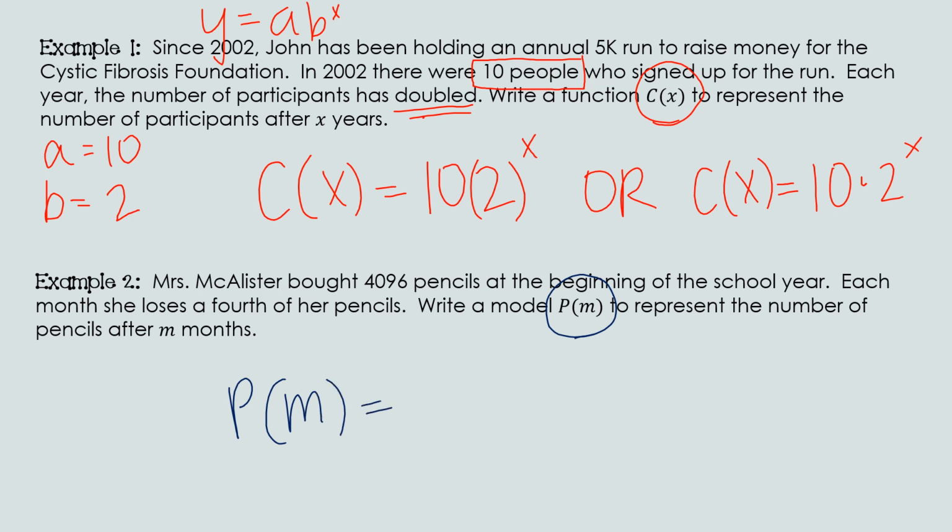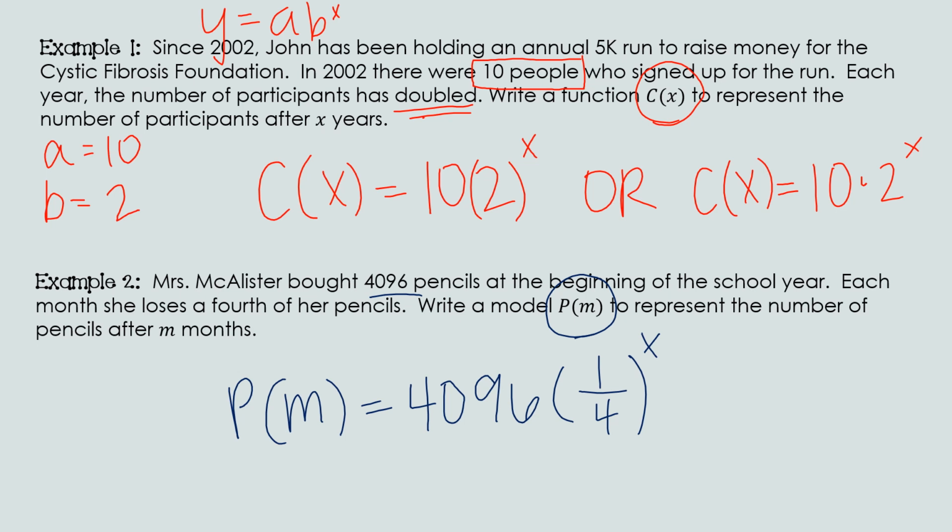So we need to find the value of a, which is my initial value, which in this case is 4,096. Then my base, which is the multiplier. So what are my pencils being multiplied by each month? If she's losing a fourth of the pencils, then the base would be 1/4, and then to the x power.